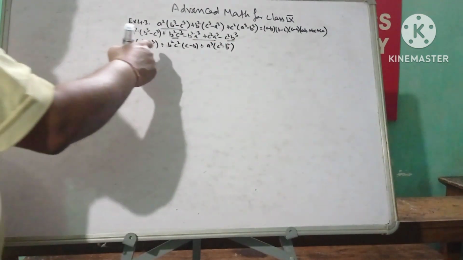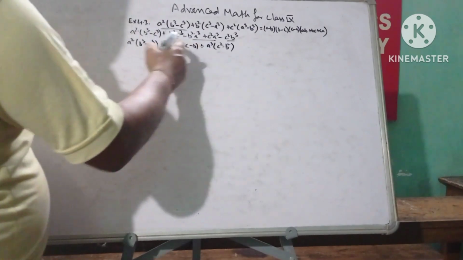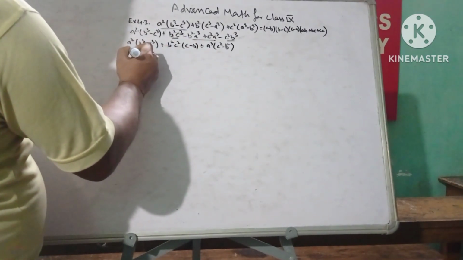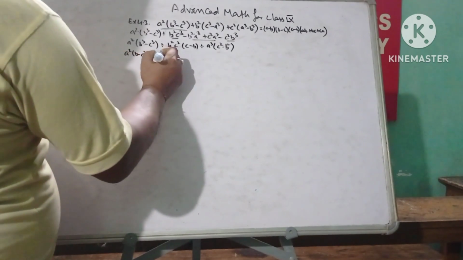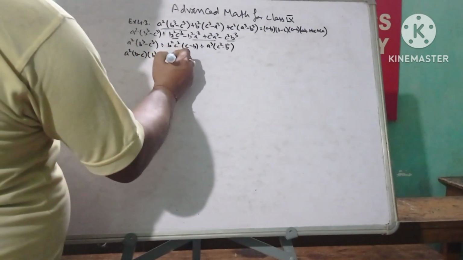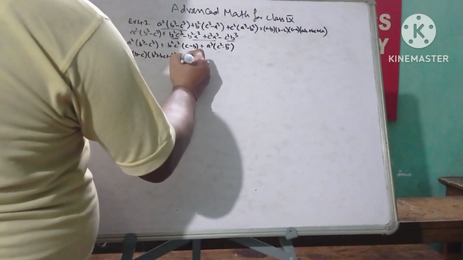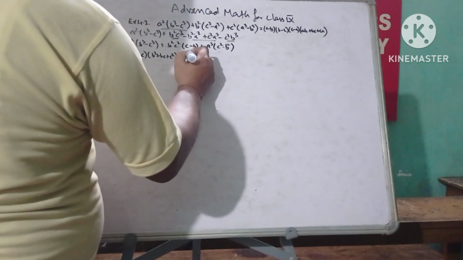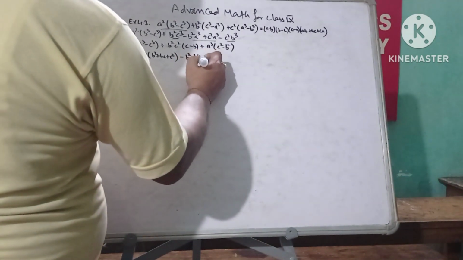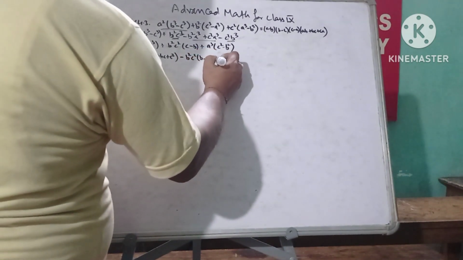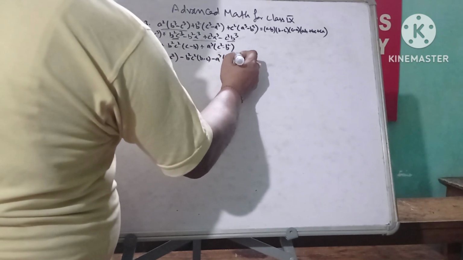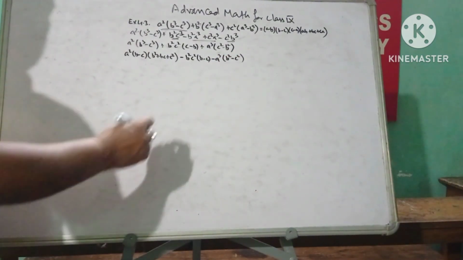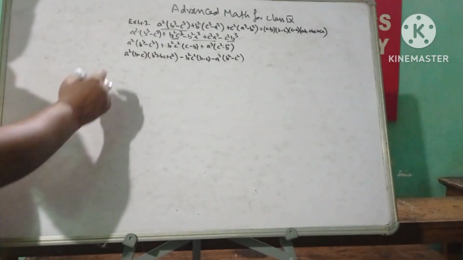Now I am going to take minus common here to make it b minus c. So this will be (b minus c), a cube minus b cube formula, a square plus bc plus c square, and here minus b square c square (b minus c) minus a cube (b square minus c square). From here I am going to take b minus c as the common.